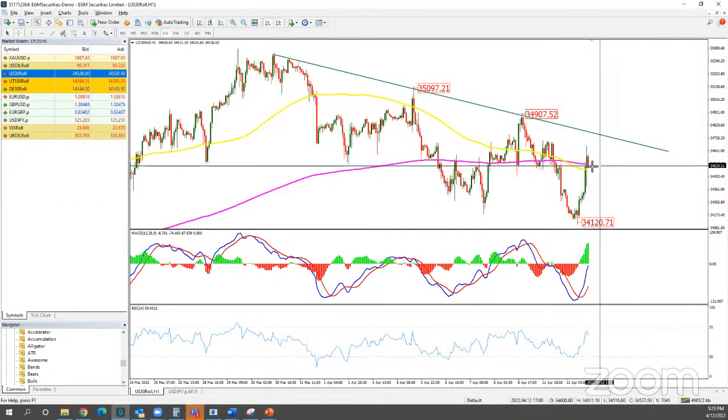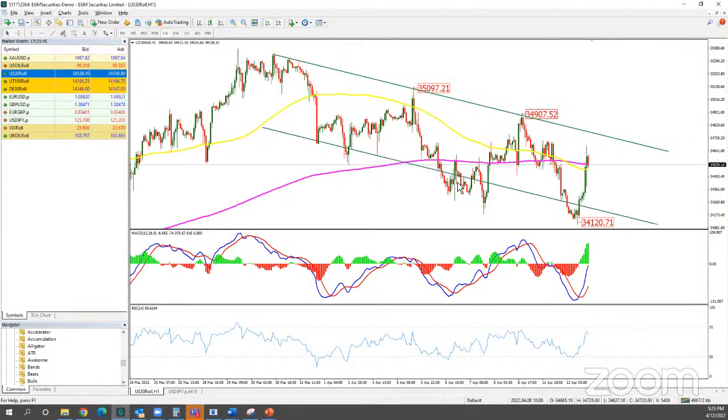The first mark that needs to be defeated is 34,774. A defeat of this level means the next high, which is 34,907, and the next 35,100 mark.